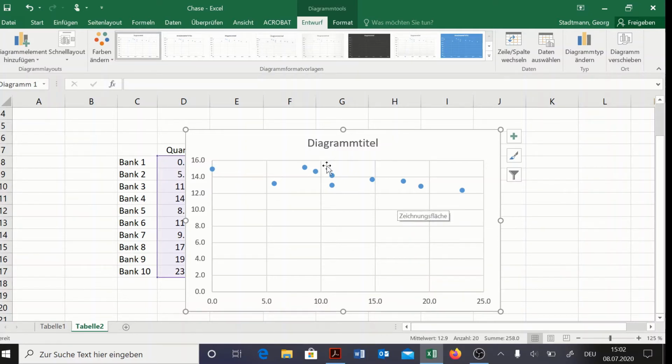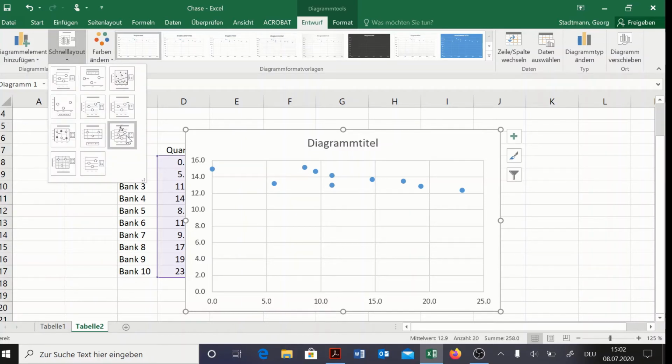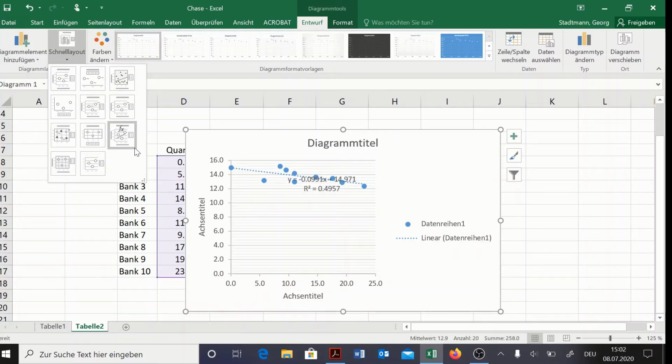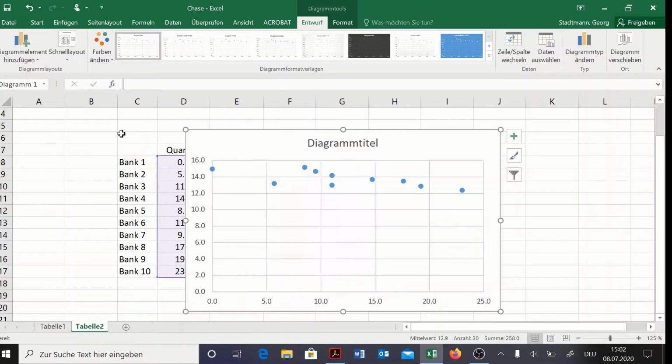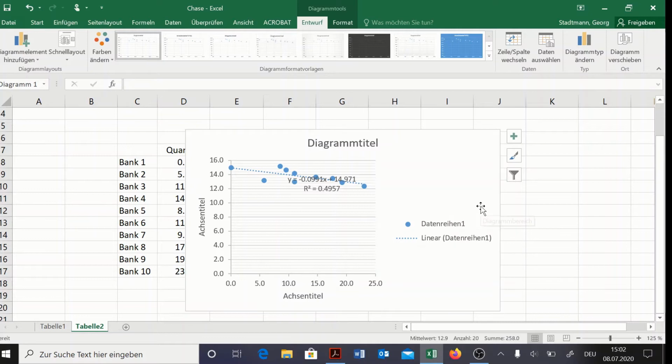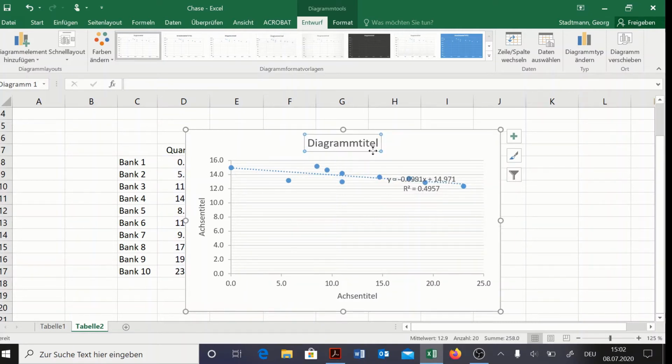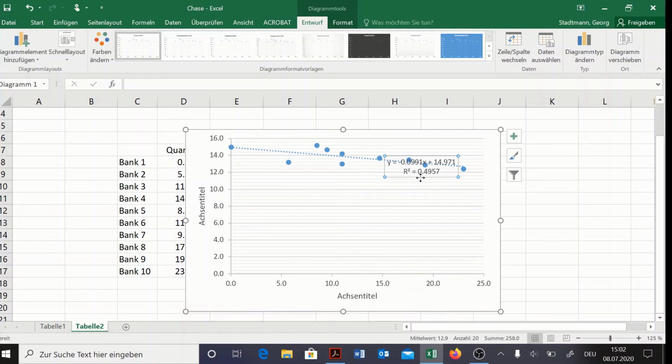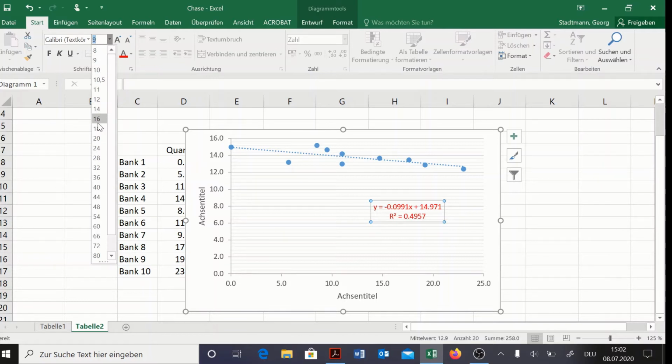This is very easy because there is a fast layout, Schnelllayout, and when we take layout number 9, third row, third column, then you are able to add some titles for the axis, and you also get the regression relationship. So let's delete this one here. Let's delete that one. We can move it to this area here and make it a little bit larger.